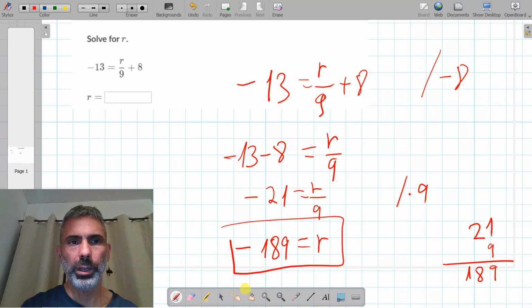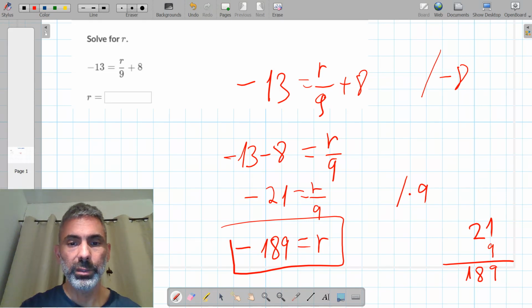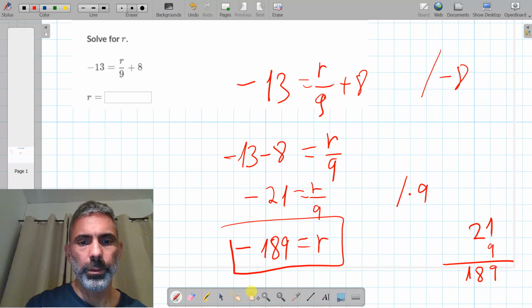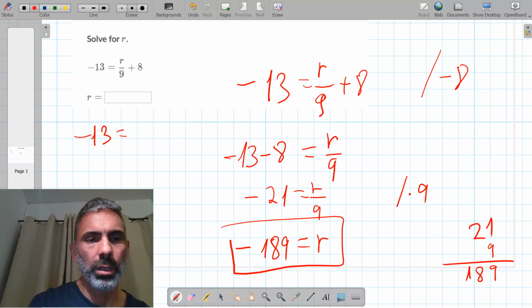Okay, now I can plug in this result in the original equation to test if this solution is correct. So minus 13 equals minus 189 over 9 plus 8.